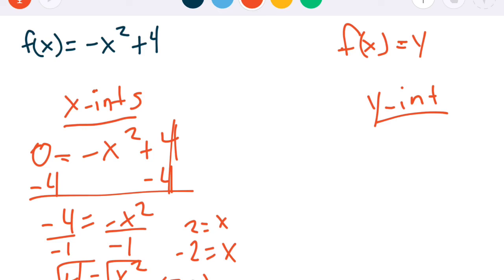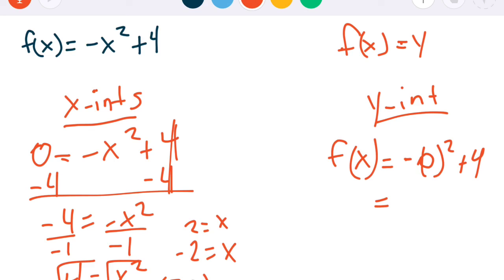If we look at the y-intercept, same thing here. Anytime we have a y-intercept, the x value is going to be 0. So all we have to do here is plug in 0 for the x value.